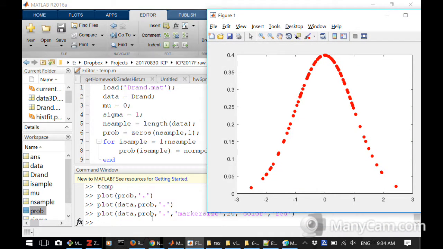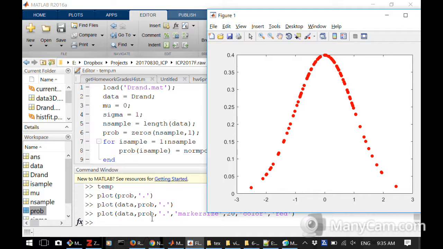Okay, now it looks like this. So what does this mean? This is a plot of probabilities that we got versus x, the data values. So what does this mean really? Can anybody provide any explanation?